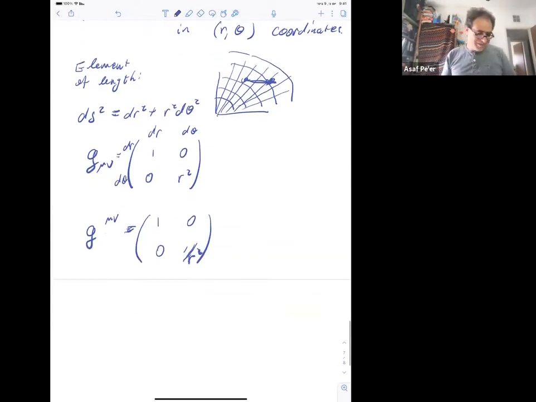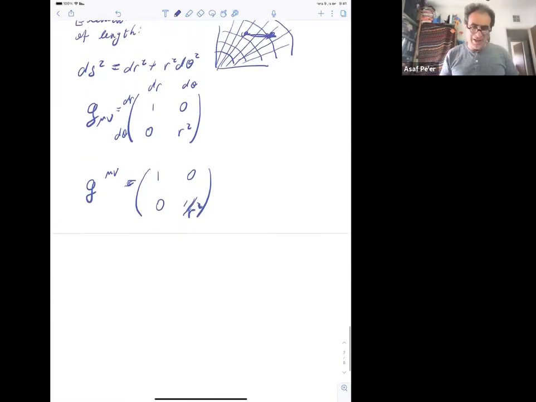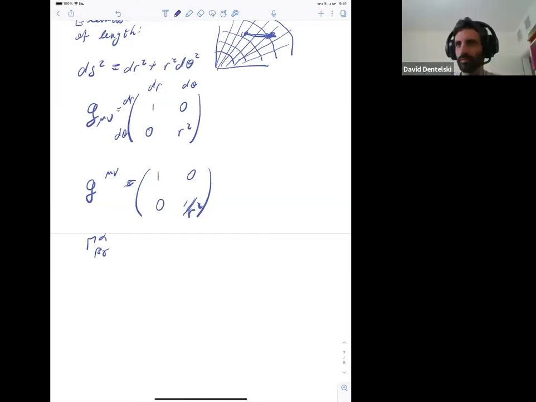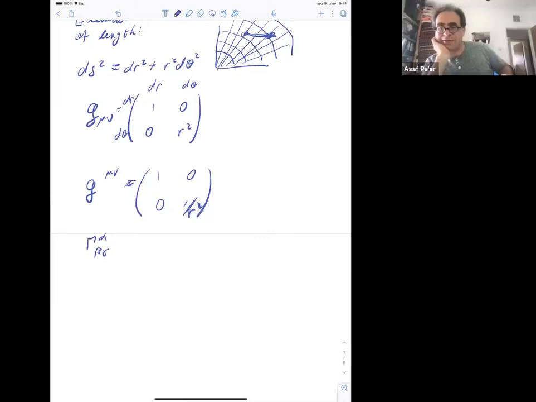Now you can calculate the affine connection. How many terms will the affine connection have? 8, because alpha, beta, and gamma can each be r or theta.